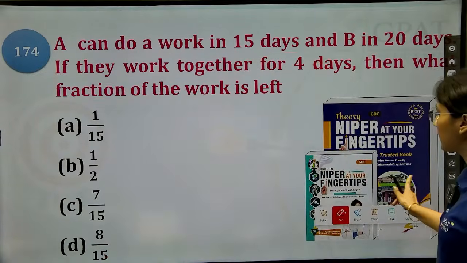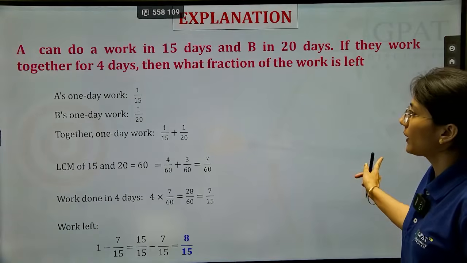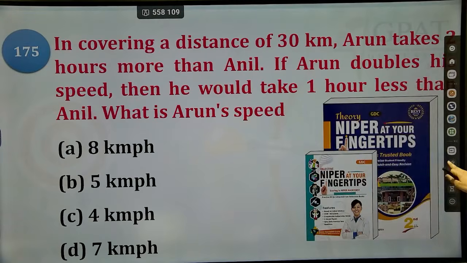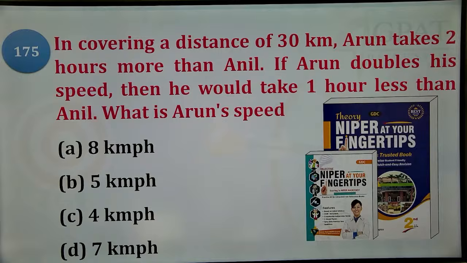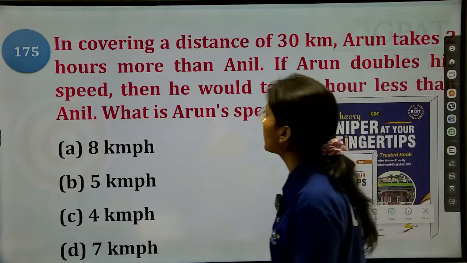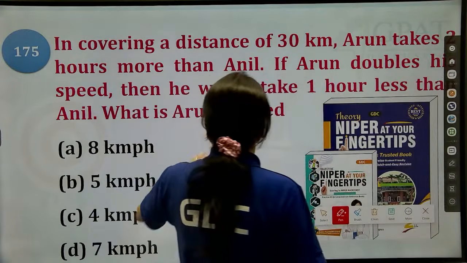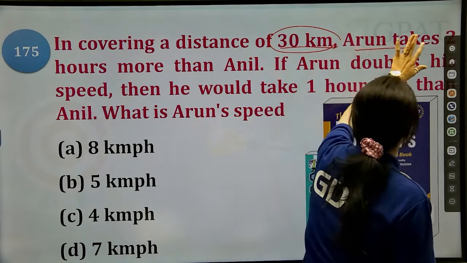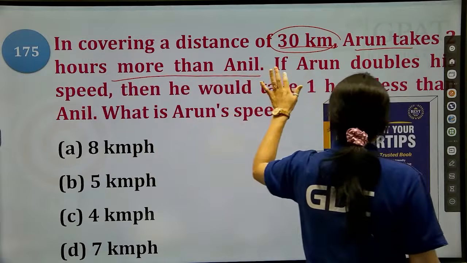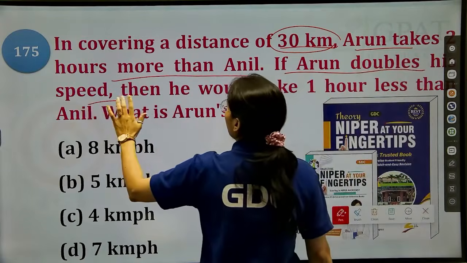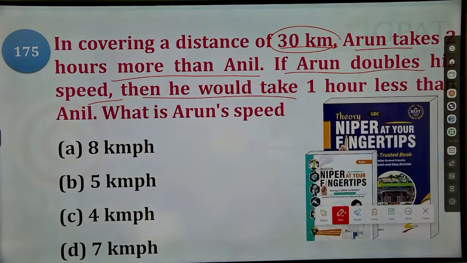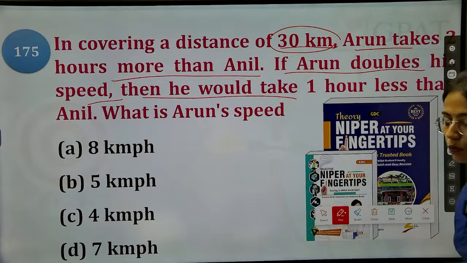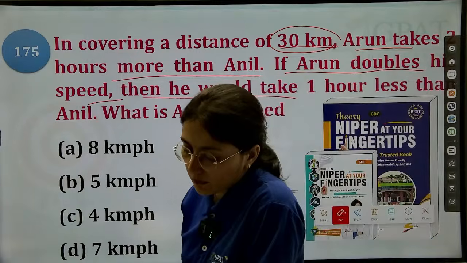Now move to question number 175. In covering a distance of 30 kilometers, Arun takes 2 hours more than Anil. If Arun doubles his speed, then he would take 1 hour less than Anil. What is Arun's speed? So we have to find Arun's speed.